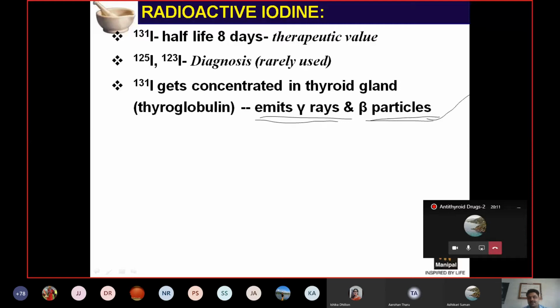And how much of the cell is destroyed? 0.5 to 2 mm of that area or distance it kills. It has cytotoxic action.